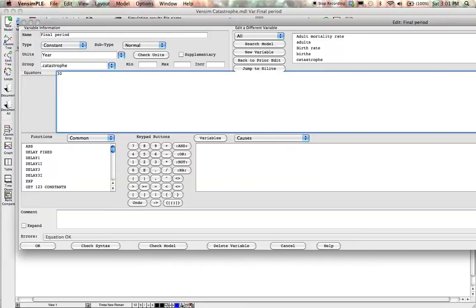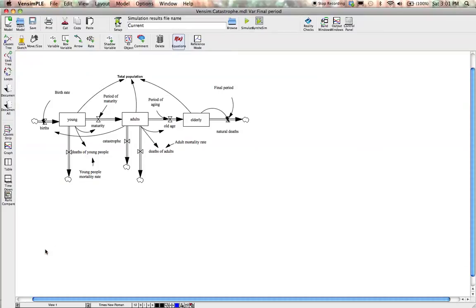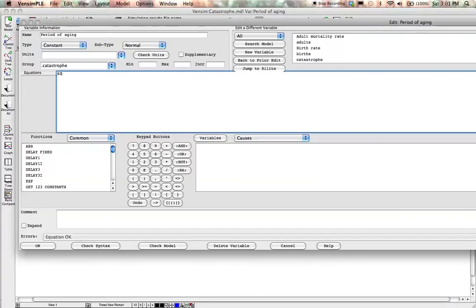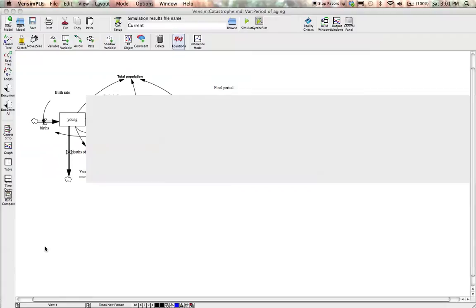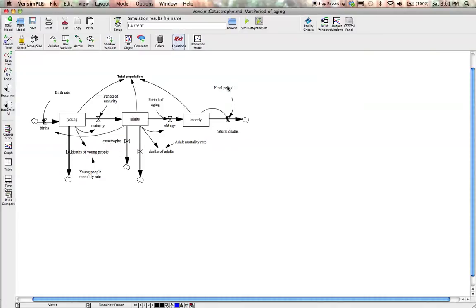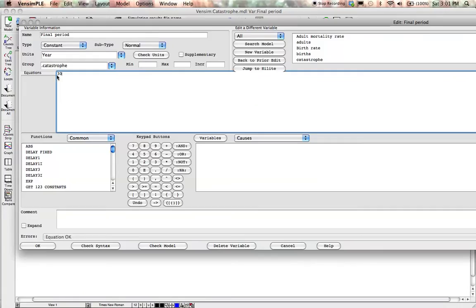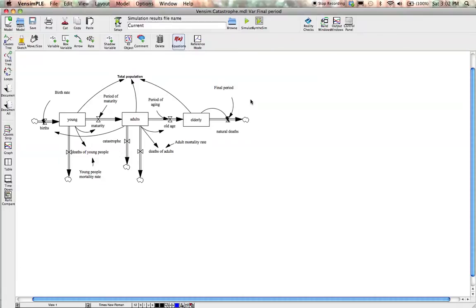So after they become elderly, actually I don't think there's a period of aging here that I didn't go through. 60 years. So at 60 years, an adult becomes elderly, and 30 years after that, it can be considered to die due to natural causes. So that's the way people die of old age.